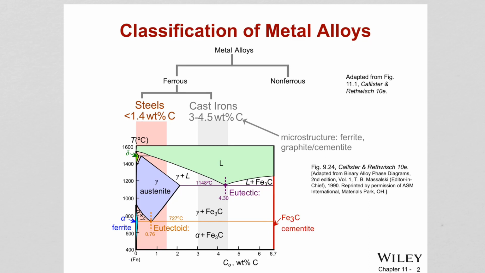First of all, iron is abundant within the Earth's crust, and secondly, iron and steel alloys can be produced with economical manufacturing techniques, and ferrous alloys are very versatile, meaning their properties can easily be changed with different processing techniques, different heat treatments, different compositions.